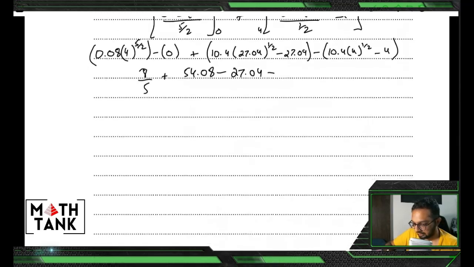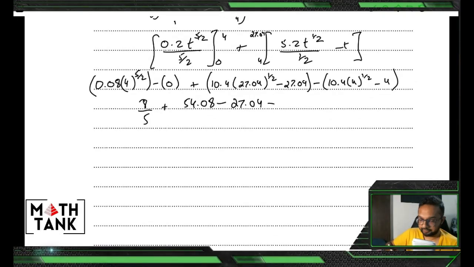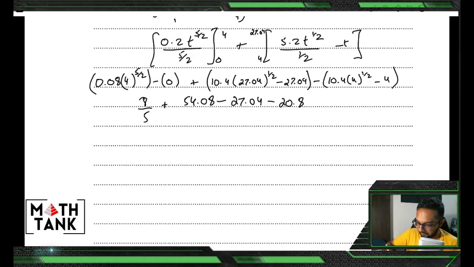That's right, that is the decimal number as well. Okay, so 8 divided by 5 plus 54.08 plus 4 minus 27.04 minus 20.8. I am getting 11.84. I again seem to have made a mistake somewhere. I will have to figure that out.